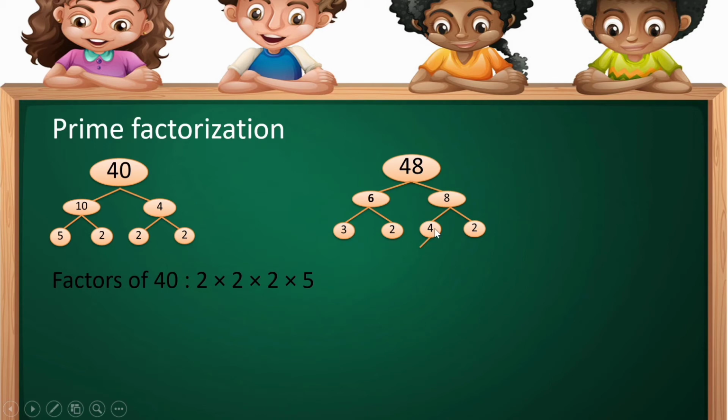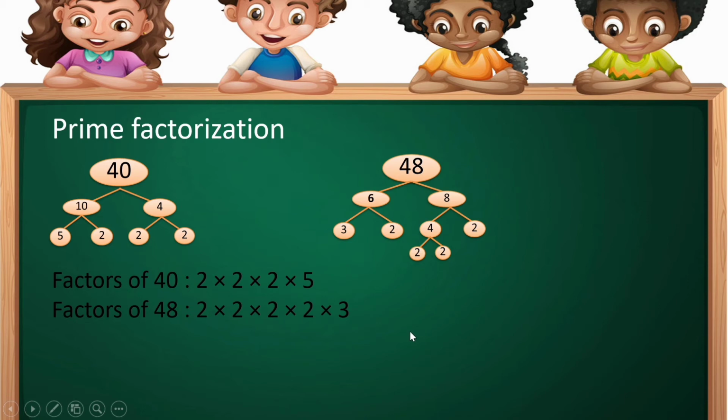This 4 is not a prime number, so we need to break this down: 2 times 2. So we are finished with this number. The prime factors of 48 are 2 times 2 times 2 times 2 times 3.